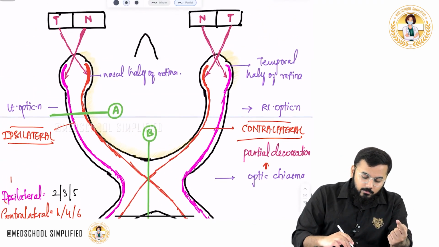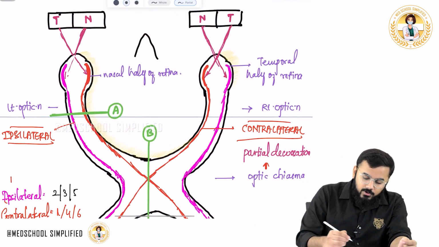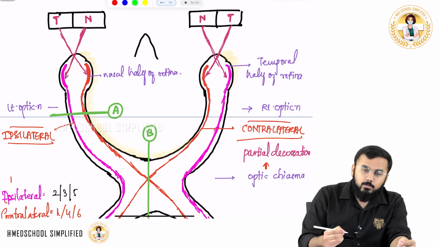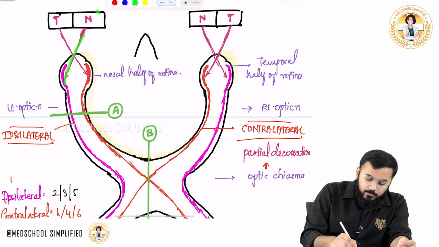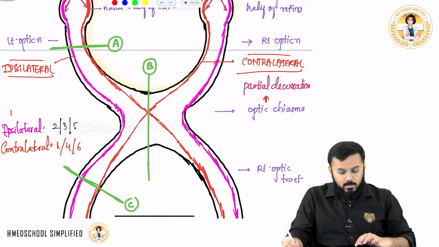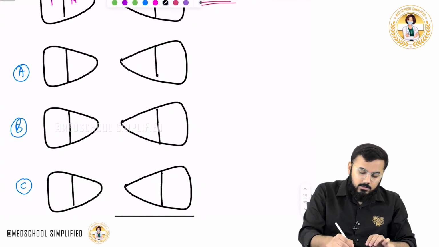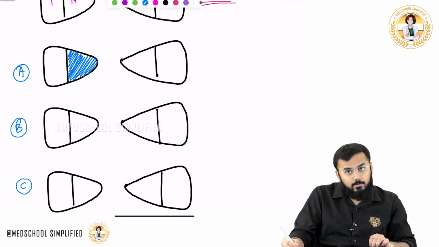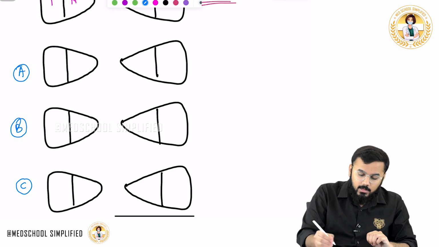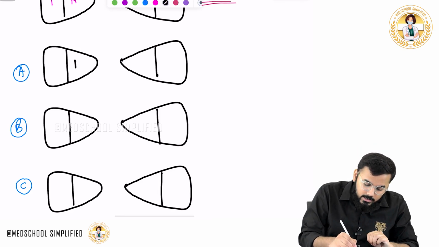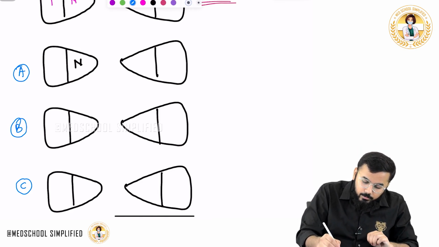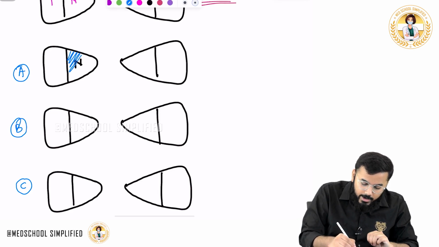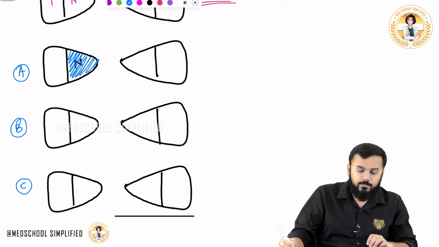If they are not working, where are they receiving inputs from? They are receiving inputs from the nasal half, right? So it means the patient will have blindness over the nasal half. Let me write it down as nasal half, patient having blindness over the nasal half.